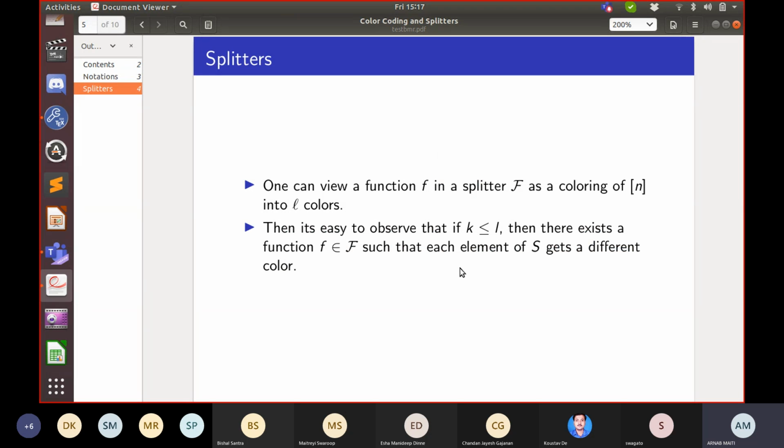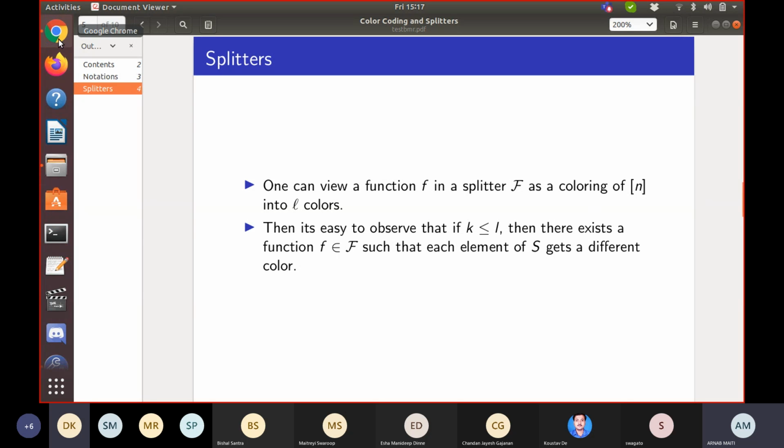The size of that family will be L to the power n if you are using L colors.